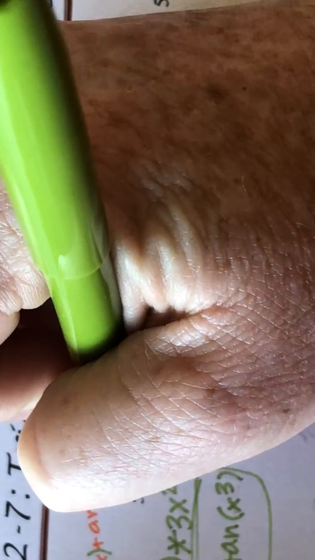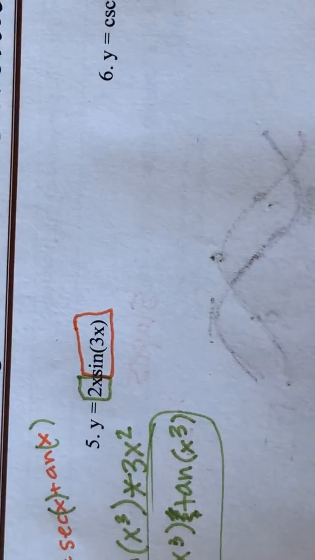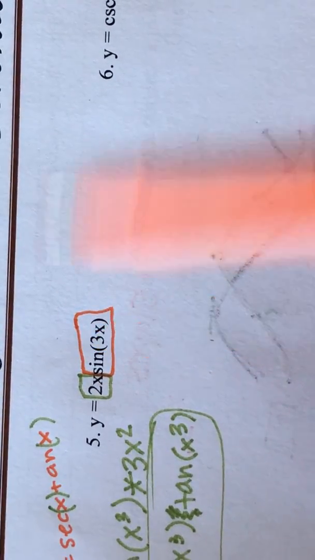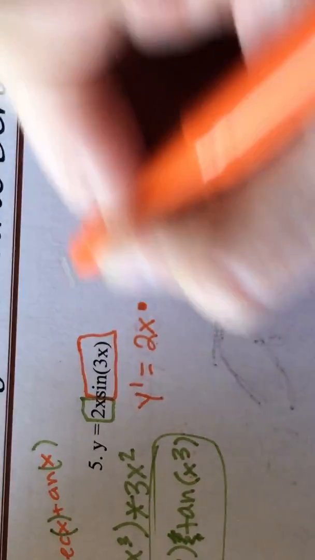All right, number 5, we have 2 functions here. We have 2x, and then we have sine 3x. Those are 2 functions together. Okay, so we've got to do our product rule here because it's a function times a function. So the product rule is the first times the derivative of the second.